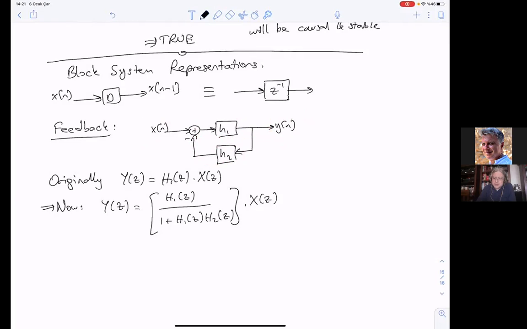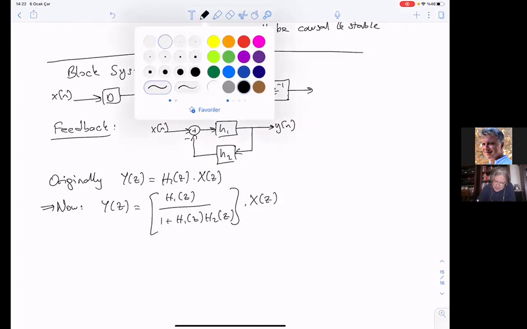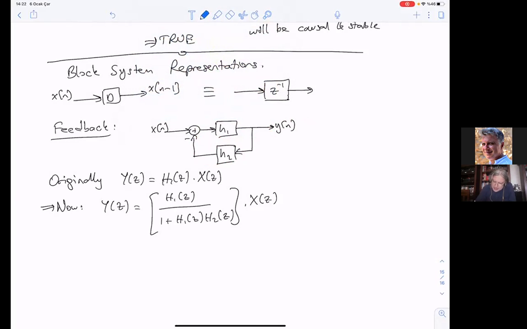Maybe perhaps I should not be lazy about extracting this formula. It's actually very simple. In a different color, let me do it like x of z minus h2 of z times y of z altogether times h1 of z will be equal to y of z. Okay, that's what I'm saying.